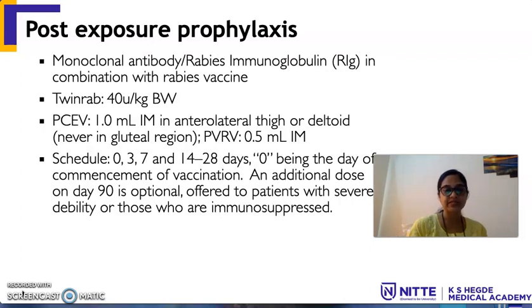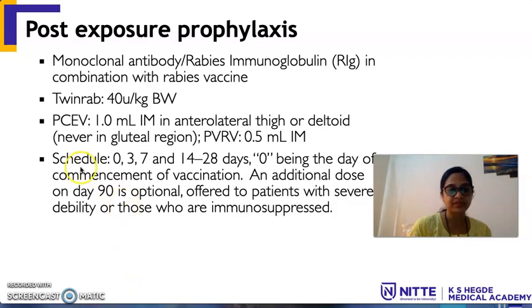Post-exposure prophylaxis is given once the child has got a rabies bite, an unknown bite. Here we give the vaccine along with monoclonal antibody or rabies immunoglobulin. Twinrab is a monoclonal antibody recommended for use in India. It's given as 40 units per kg body weight.